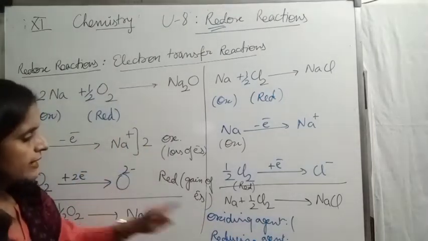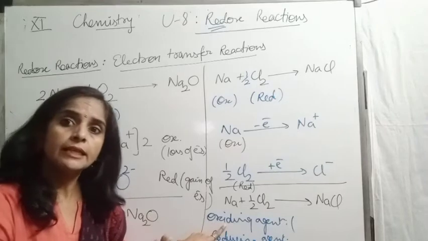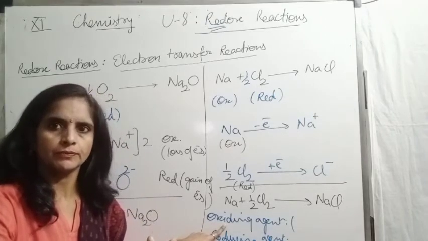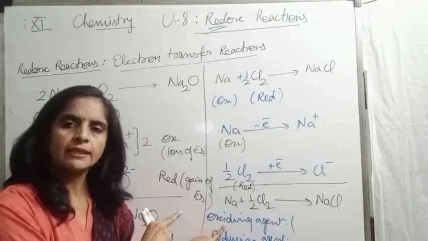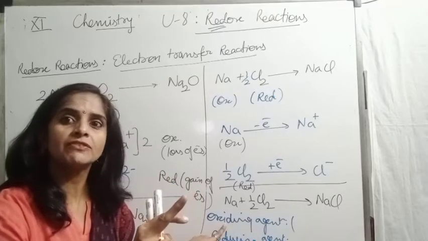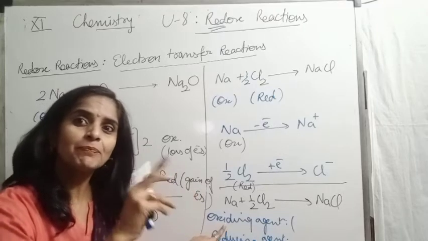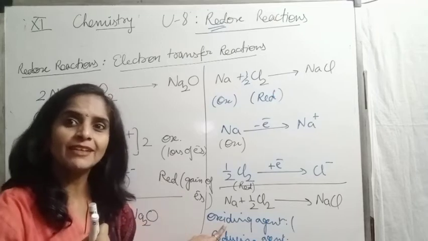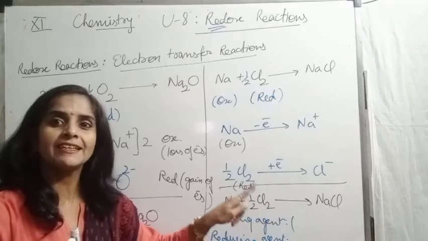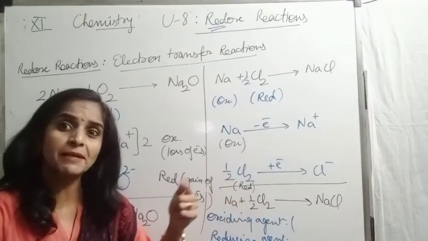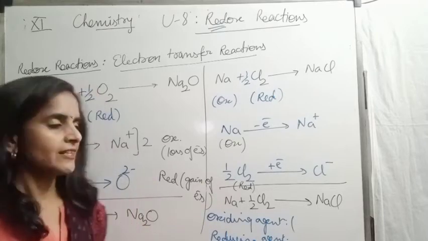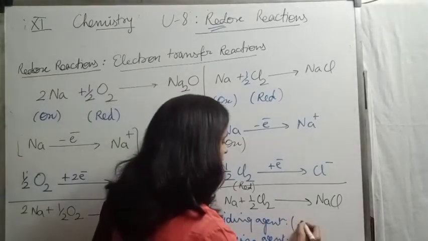Oxidizing agent means it accepts the electron. As we are saying, it is helpful in oxidation, and oxidation means loss of electron. So as it is helping in oxidation, it itself will receive the electrons. So we can say an oxidizing agent is a substance which accepts electrons, and in this way helps others to oxidize. So this is an electron acceptor.